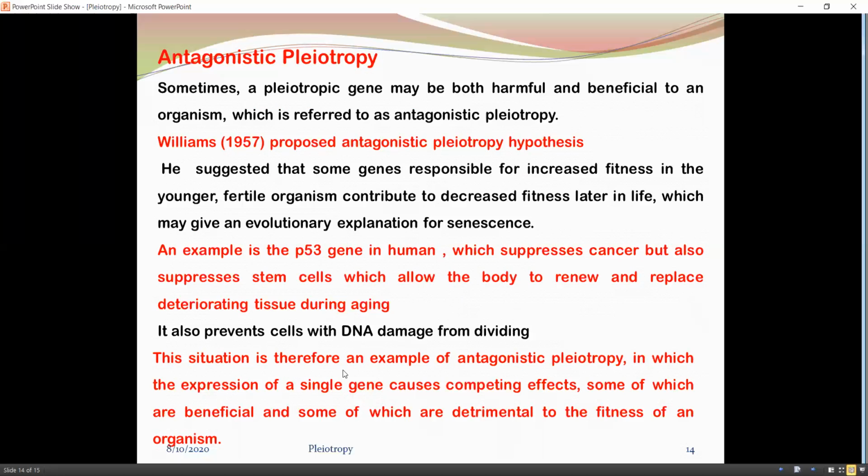This situation is therefore an example of antagonistic pleiotropy in which the expression of a single gene causes competing effects, some of which are beneficial and some of which are detrimental to the fitness of an organism.